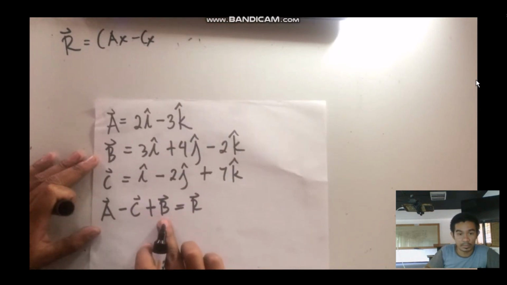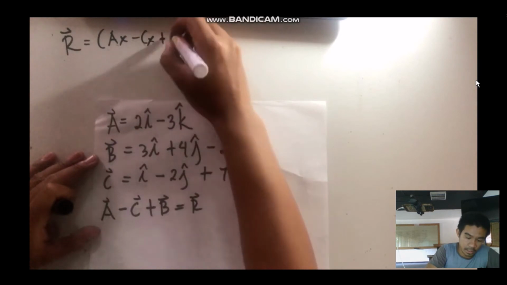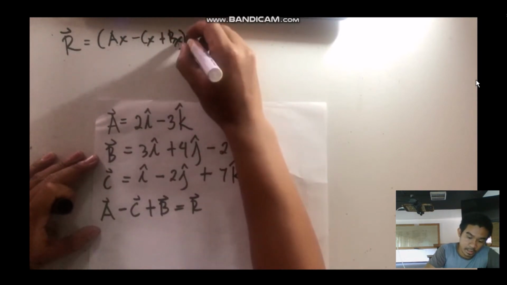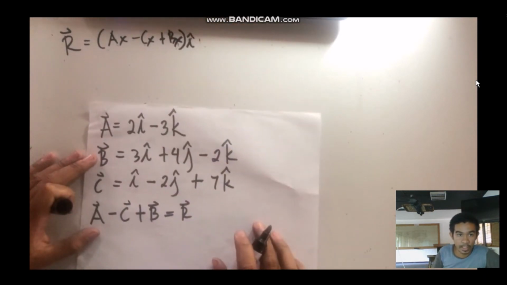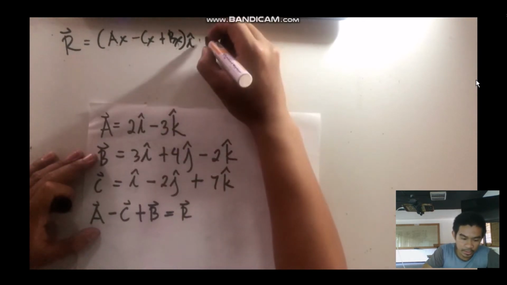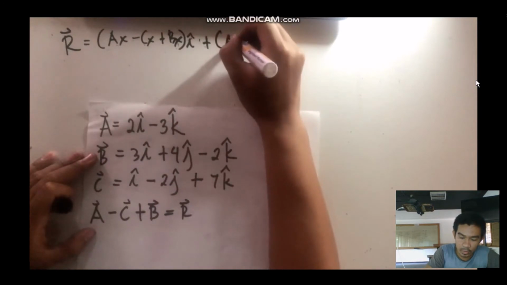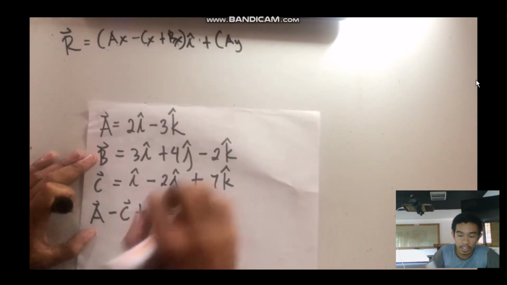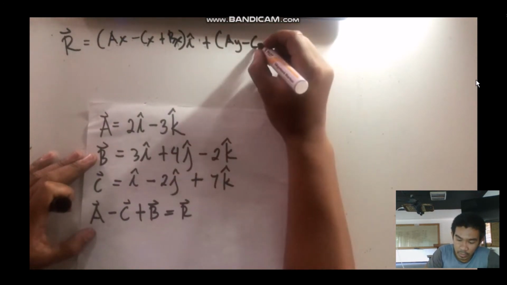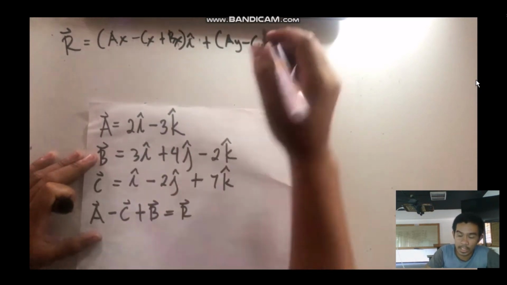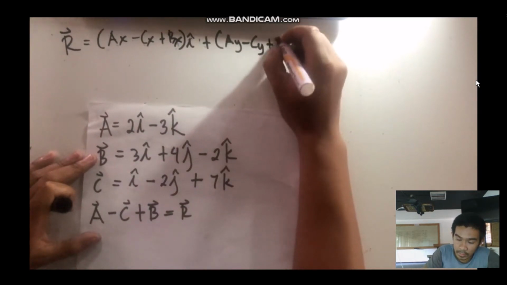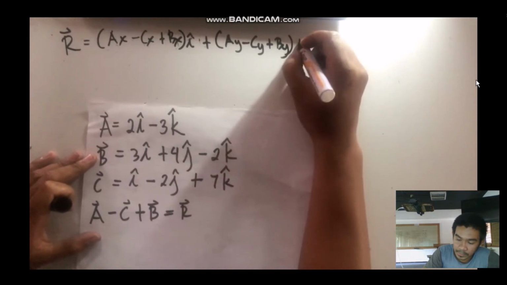Next is plus vector B, that is plus B of x i hat. Now for the y component of vector R, that's A y minus C y plus B y j hat.